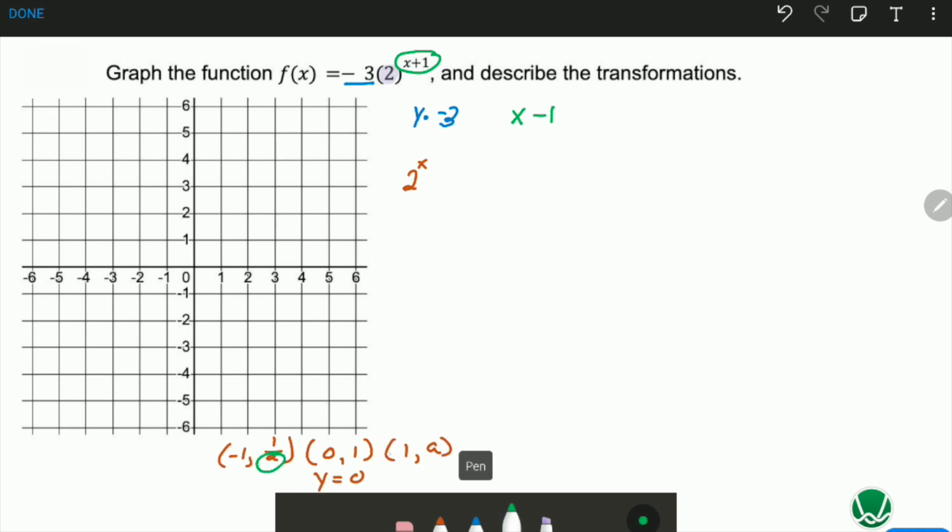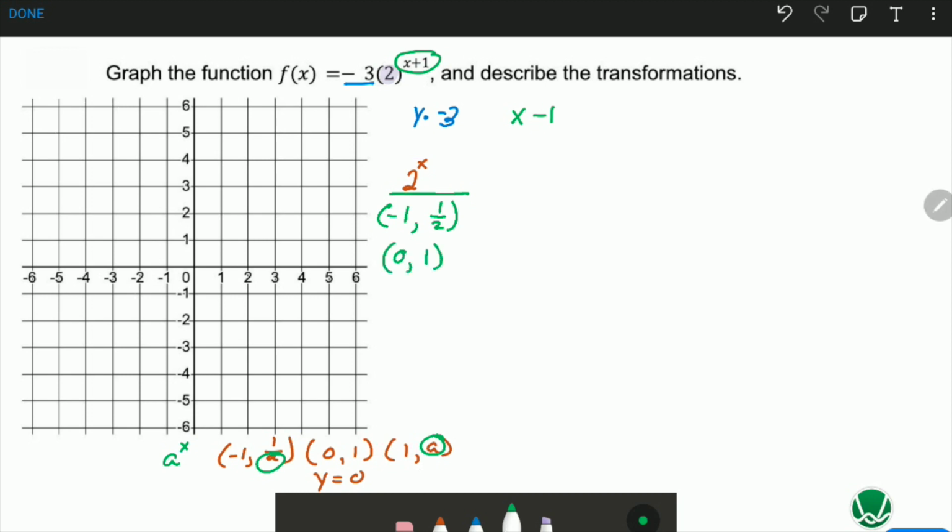The a in these points just refers to the base, because normally an exponential function might be written as a to the power of x. In our case, it's 2 to the power of x, so it's -1, 1 over a, or 1/2. 1 over a just basically means the reciprocal of that value. So the reciprocal of 2 is 1/2.